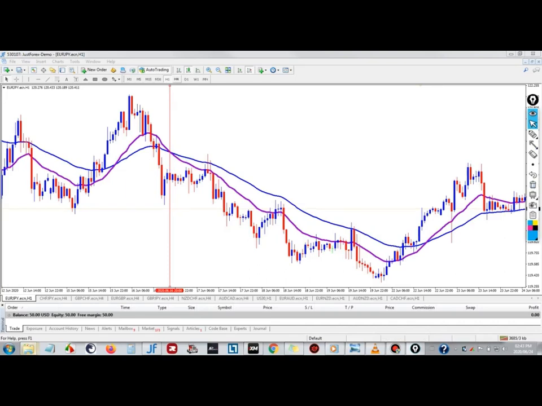If you're going to trade with this strategy, what you have to be aware of, first, is the higher time frame trend.